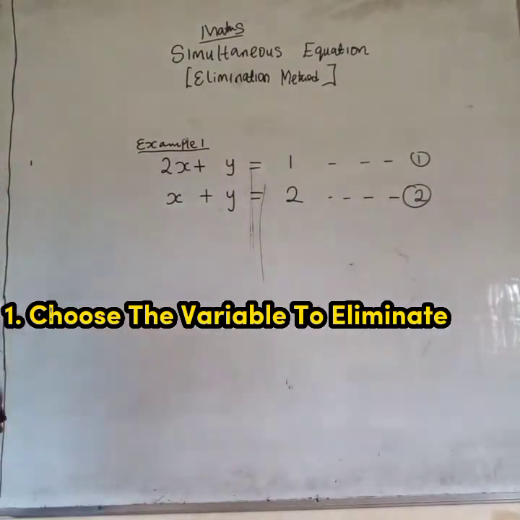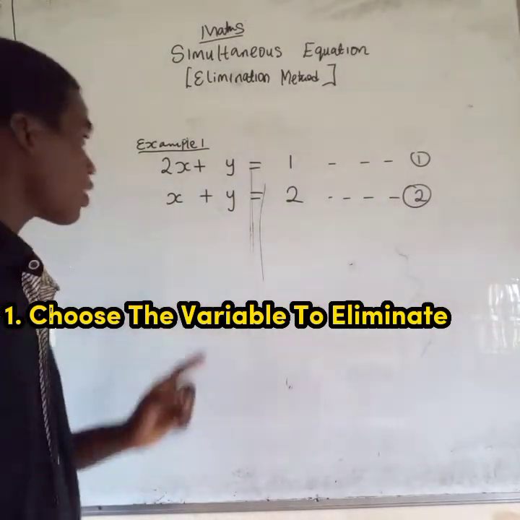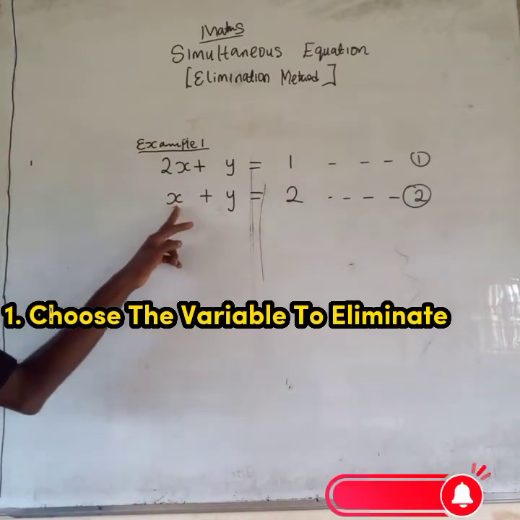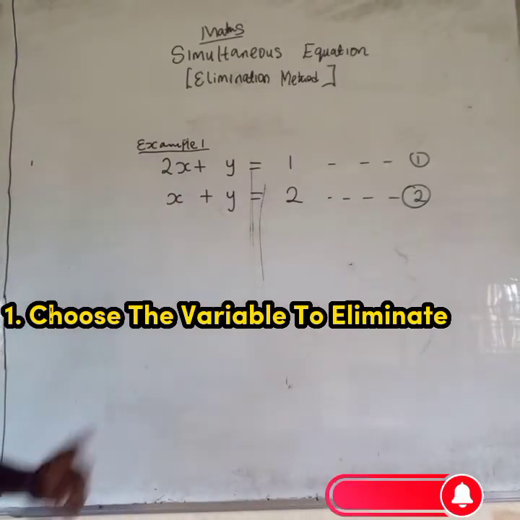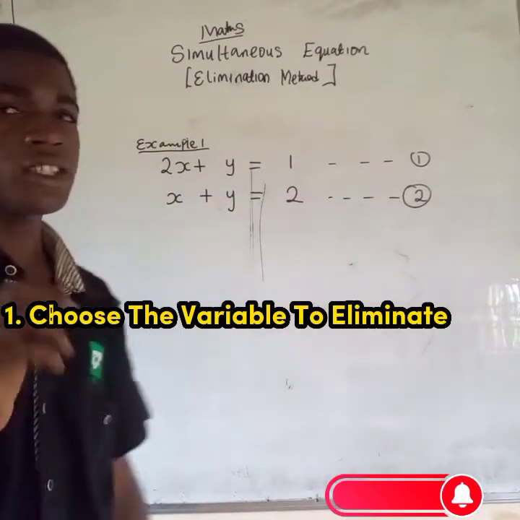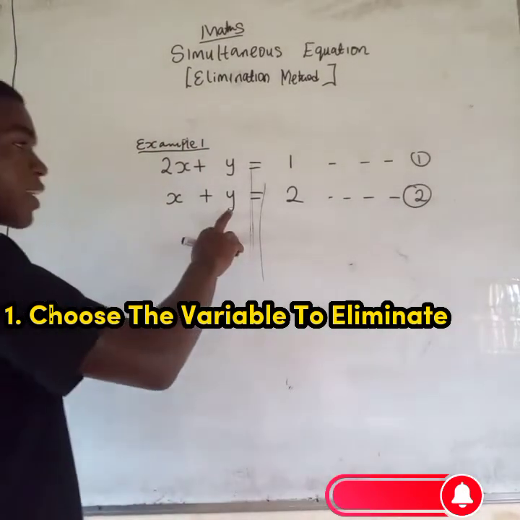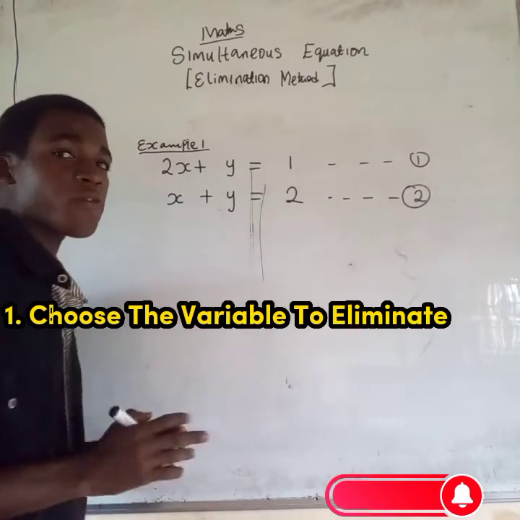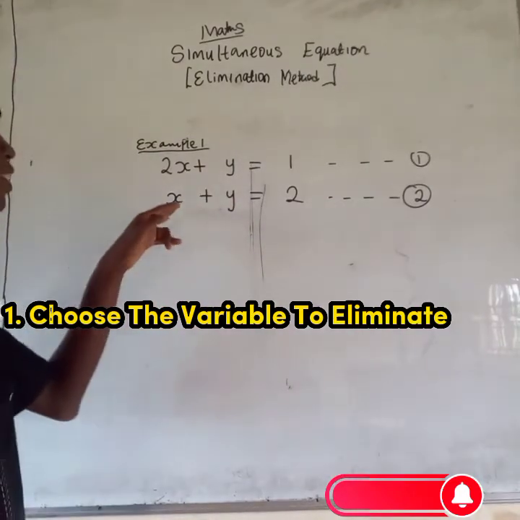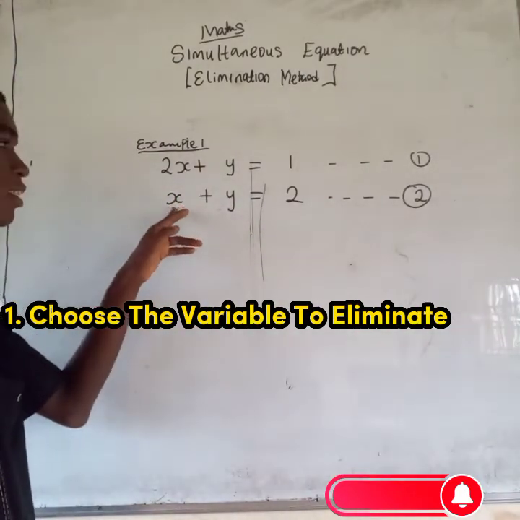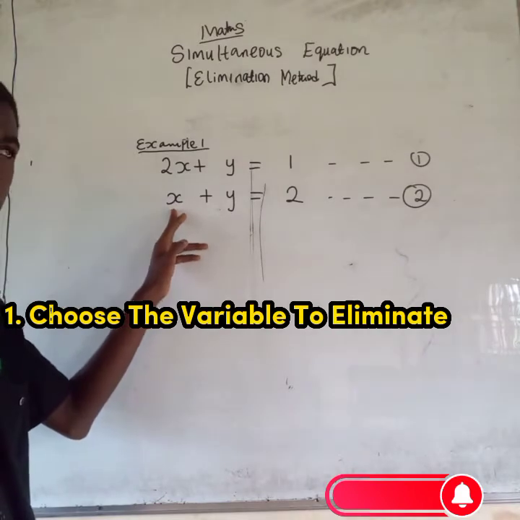Select the variable you want to eliminate. It is your choice. I can decide to eliminate x, or I can decide to eliminate y. Now listen very carefully. If you are eliminating x, that means you are getting the answer for y. And if you are eliminating y, that means you are going to work with x to get the answer, right?